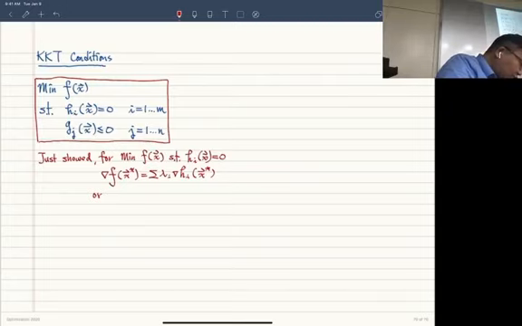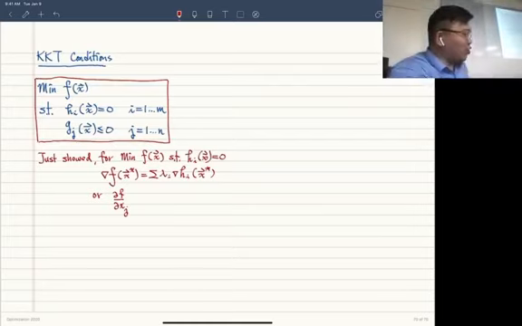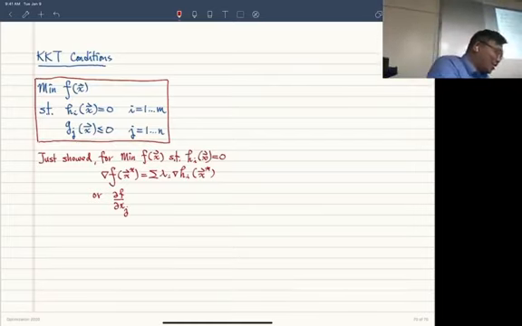So it could be partial f partial xj, and then we could convert all the lambda into negative lambda. Okay, because we have never mentioned what lambda is yet, right?